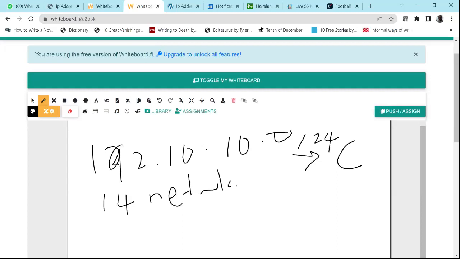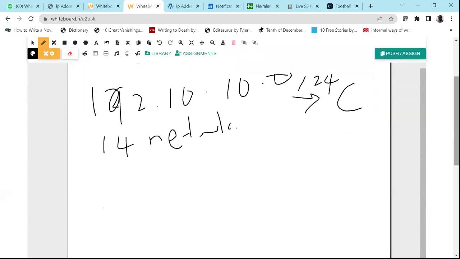I just want 14 networks out of this. So what you now do is remember your formula. You ask yourself 2 raised to power n is equal to 14.